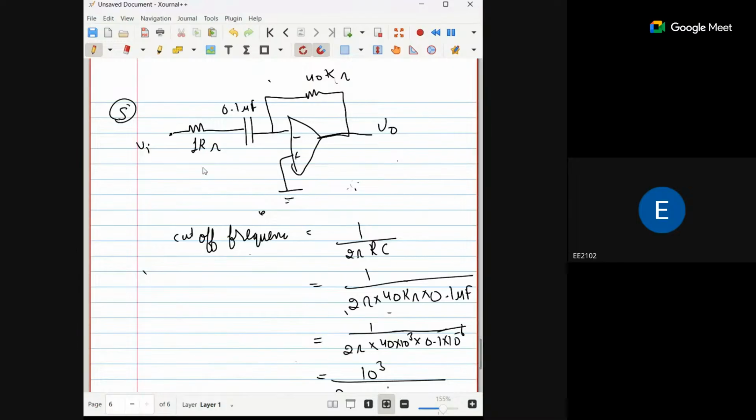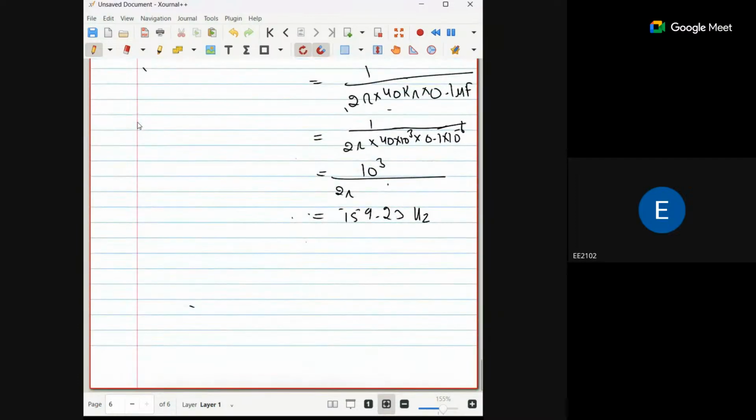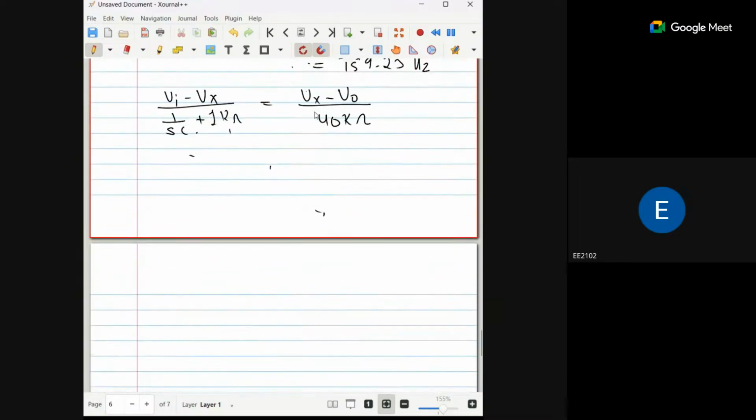So from here we take VI minus Vx, VI minus Vx upon 1 over SC plus the value of 1 kilo ohm, equals Vx minus V naught upon 40 kilo ohm. See, Vx will be 0 because it is grounded.